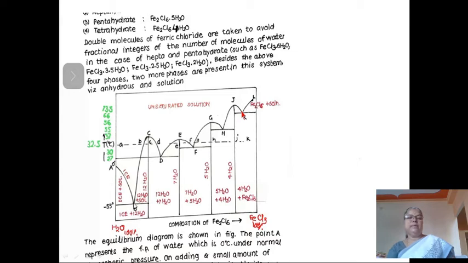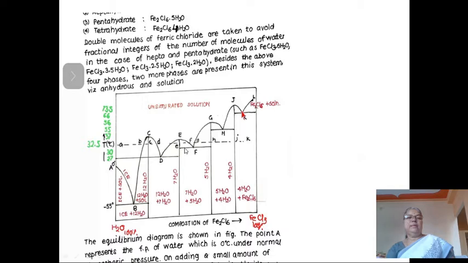This point is a non-variant system, as at this point three phases are in equilibrium: ice, dodecahydrate and solution. Similarly, the points D, F and H are also non-variant systems.